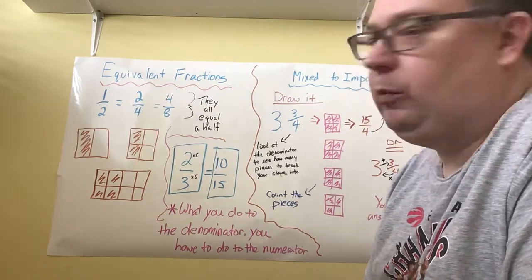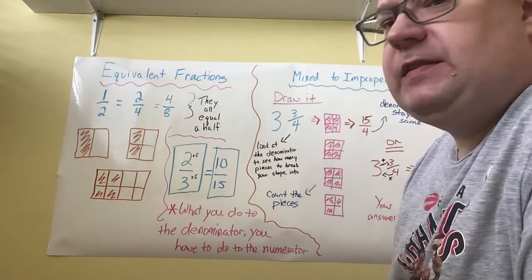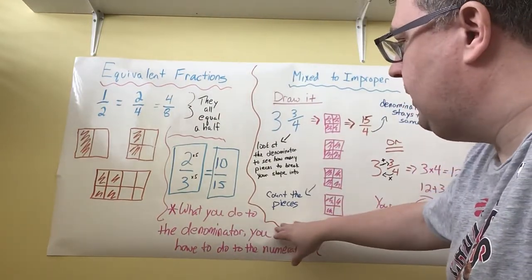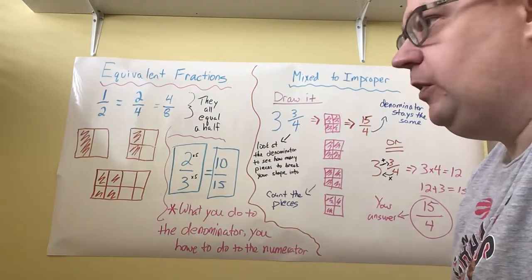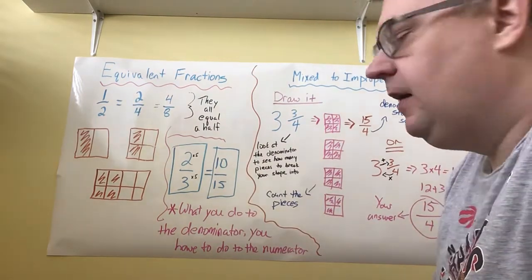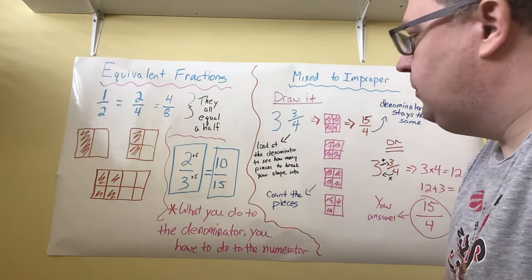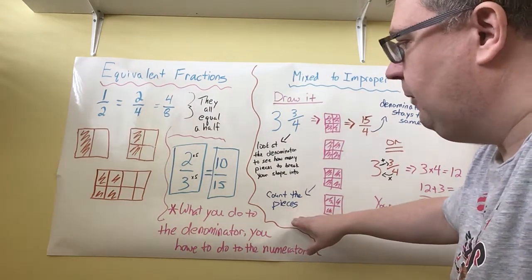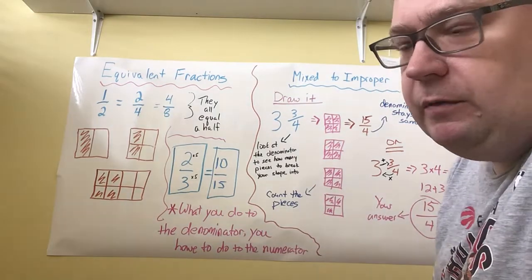We're going to do a little bit more about this when I start talking about putting fractions in order, or which is bigger, which is smaller. Okay? So this is an important rule you'll need to always remember when you're dealing with fractions. When you get to adding and subtracting fractions in grade 7, you will need to know this little rule, that whatever you do to the denominator, you have to do to the numerator, okay?